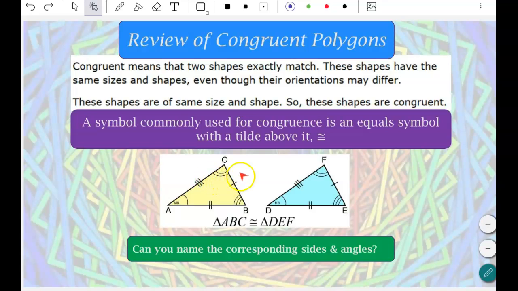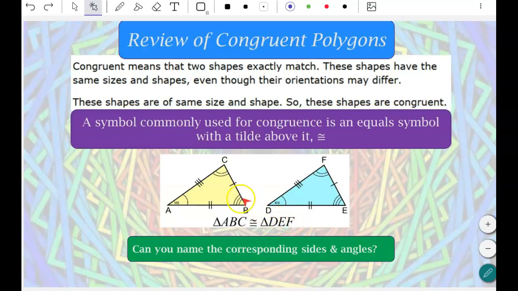And then C is congruent to F, and then E is congruent to B. Now if this DEF was turned, you'd have to be careful with matching those up. But when it's written this way, it will always be matched up this way. This angle is congruent to the first angle here. B is congruent to E, and C is F. So angles are fairly easy when you have triangles.